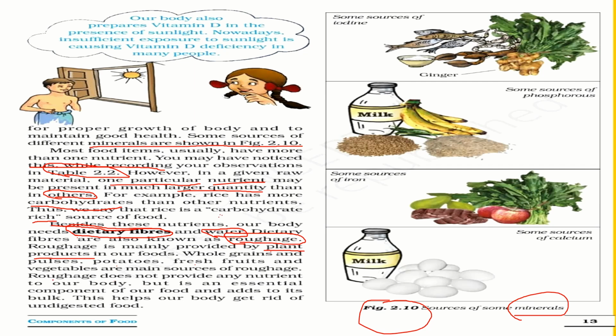Roughage does not provide any nutrients to our body, but it is an essential component of our food and adds bulk. It helps our body get rid of undigested food and aids digestion.